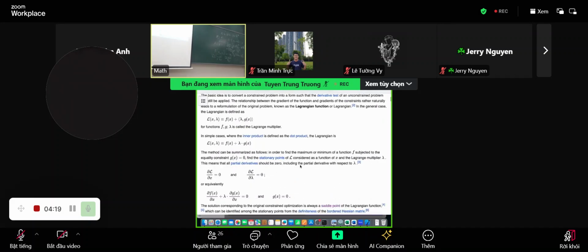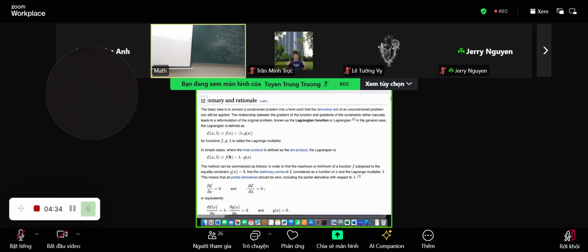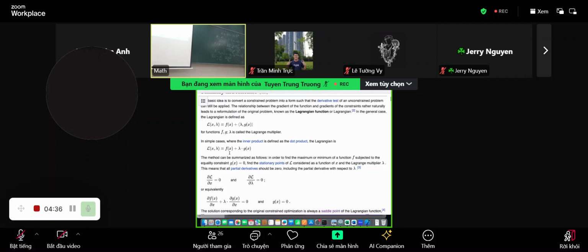Yeah, so if your function is f, okay, you want to minimize, and it has the constraints equal to zero, then the Lagrange multiplier method is to define a new function where you have a new variable lambda.